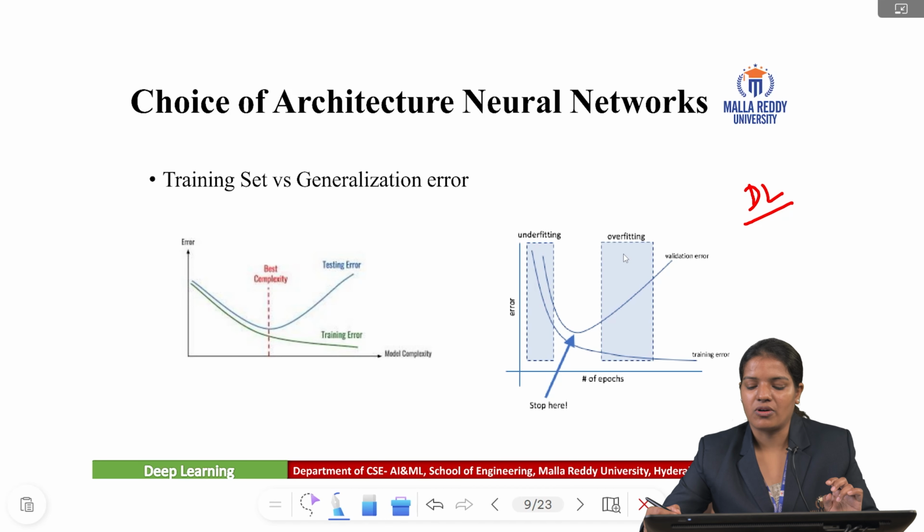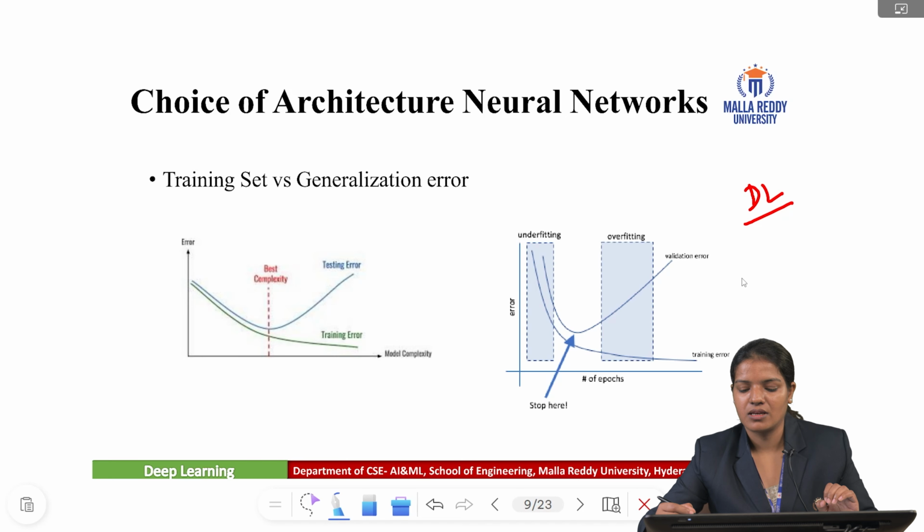The overfitting problem happens when too many hidden layers are used. So our job here is to select a model which does not overuse the hidden layers and does not underuse the hidden layers.